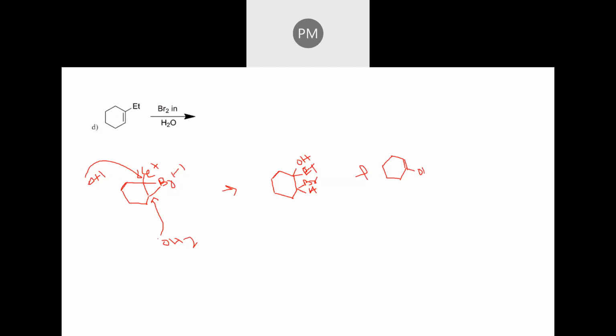So this will be OH, and here will be Et. So this is an example of which reaction? Stereoselective reaction.